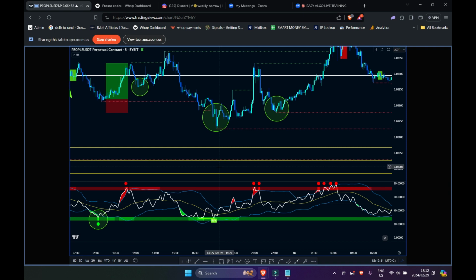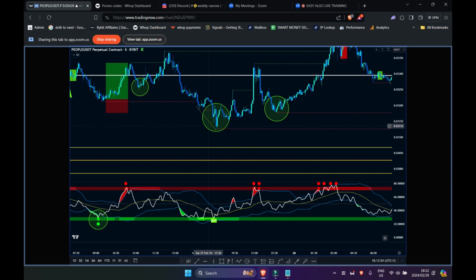And you can see over here, we got a few things happening. We got price tapped into this oversold region, and we got a divergence, actually multiple divergences. From this point over here, this is going down, and then price is just going up from this point.